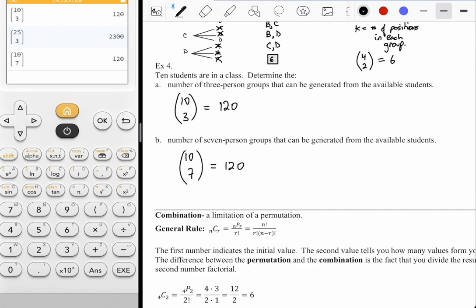So I look at this as saying, if you have 10 people and you select a group of 3, you're indirectly also selecting a group of 7. The 7 people that you didn't want to be in the group of 3. All right? So for every group of 3 that you could have, there's a hidden group of 7 that could also have occurred.